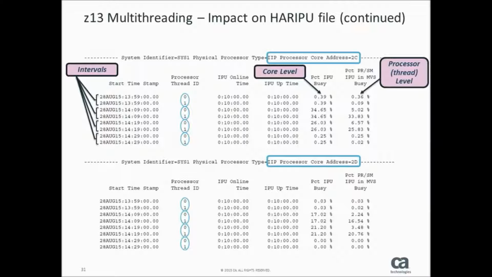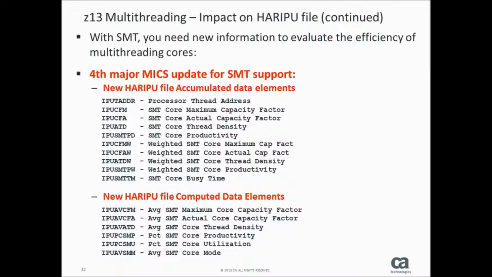So with multi-threading, you still get all of the PR/SM busy and MVS busy values that you always did, but IBM has introduced some new concepts: maximum core capacity factor, actual capacity factor, thread density, core productivity.